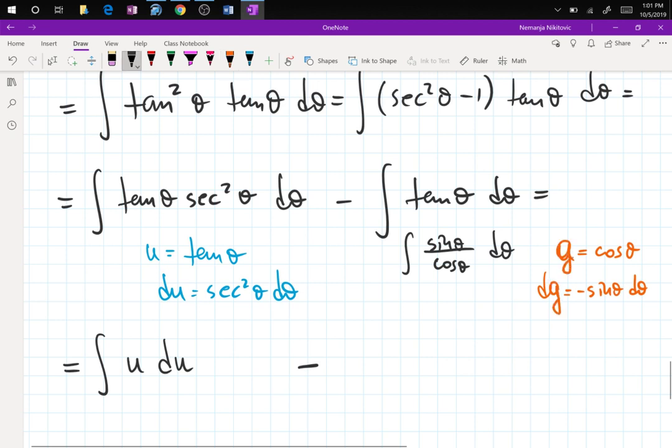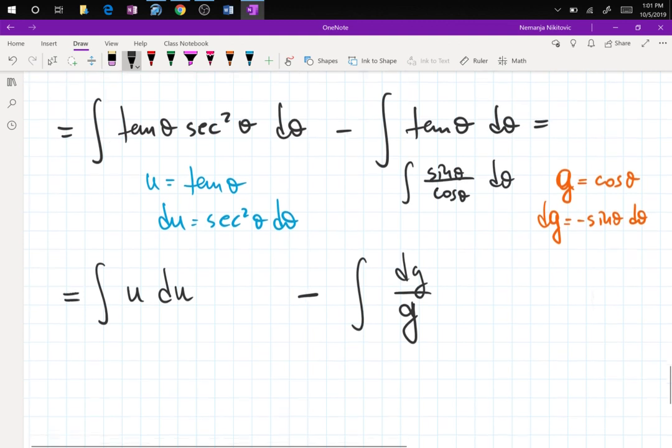Because the integral over here, when I write it, is going to be dg over g, and see, that one is in terms of u, so you have to bring in the blue stuff, and if I have the u for the other one, it will be confusing.